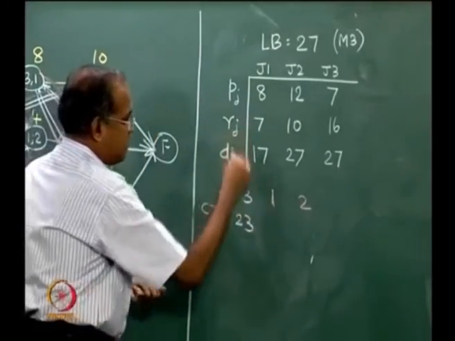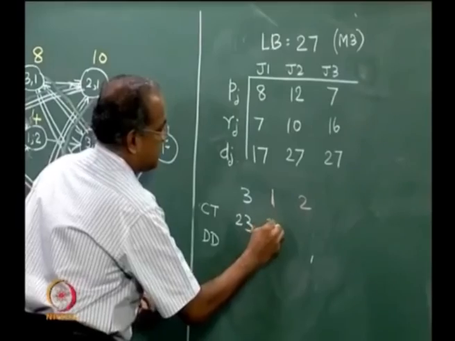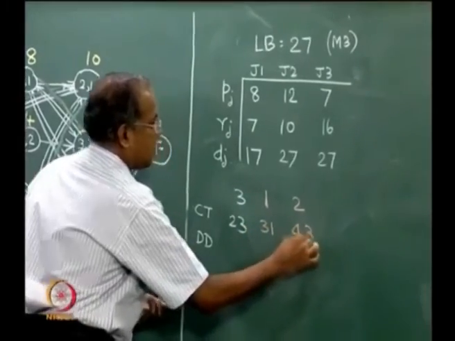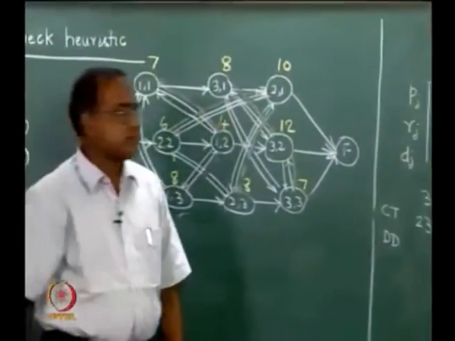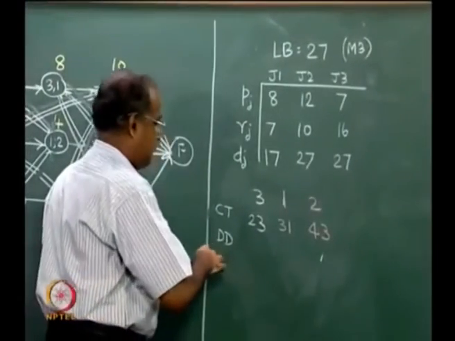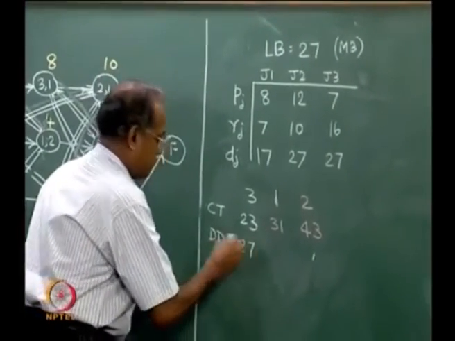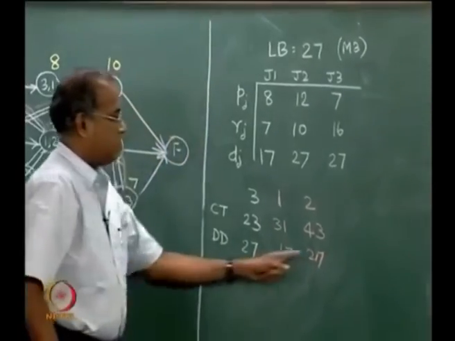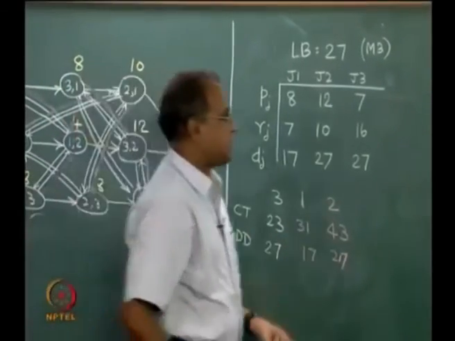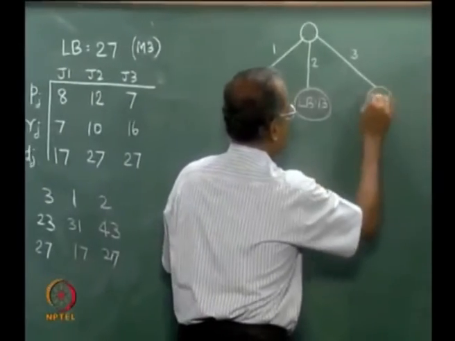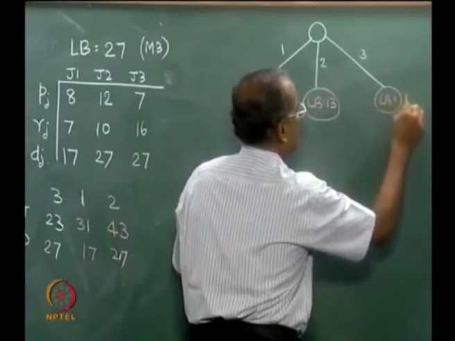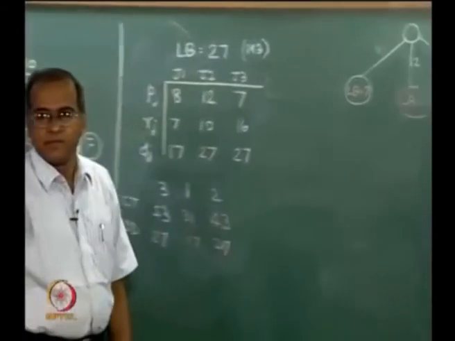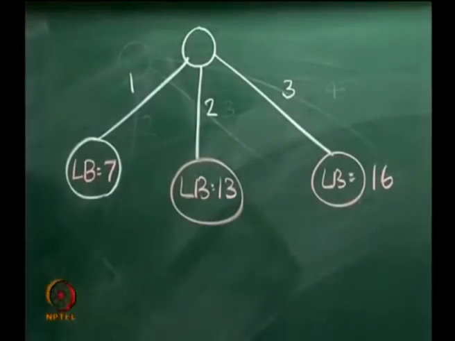So at 23 this is available, 23 plus 8, 31 plus 12, 43. Due dates are 27, 17, 27. So this is 16, so L max is 16, so lower bound is 16. So we have to proceed from here.